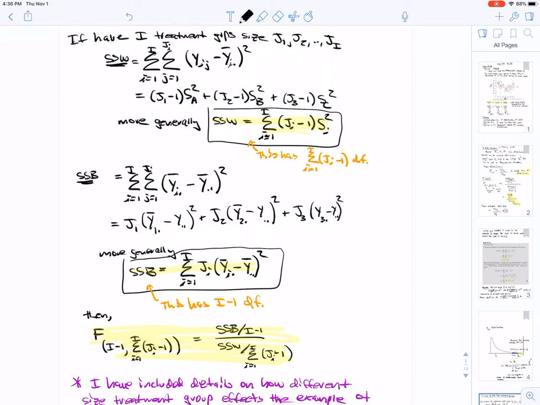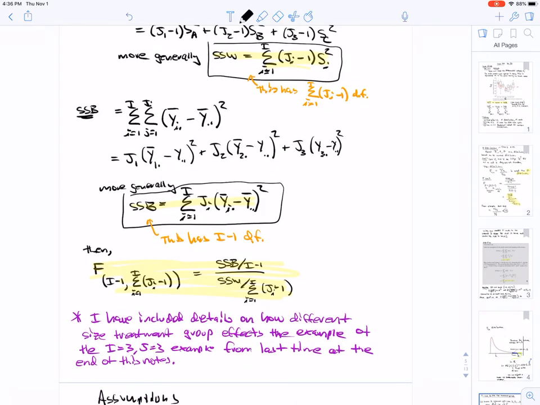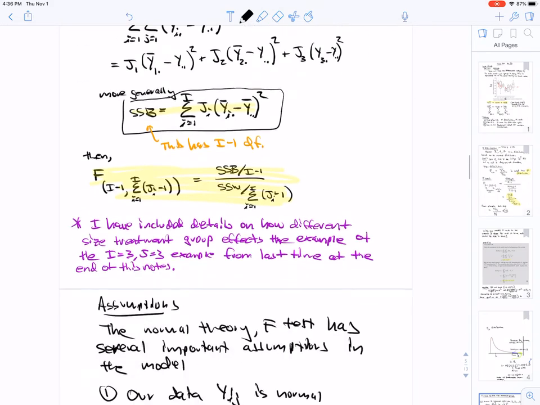And for SSB, it's still I minus 1 because you still have I treatment groups. That doesn't change. I've written out here the updated F-test formula allowing for different treatment group sizes. If you're curious about how the example that we did last time would change if we had different size groups, in the appendix to these notes I've included those details in purple.